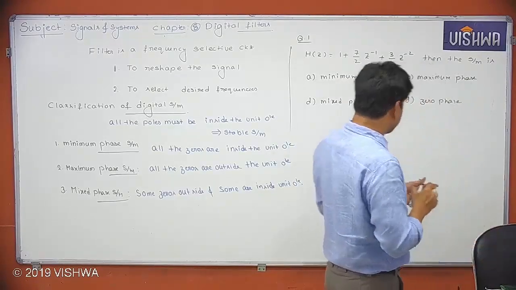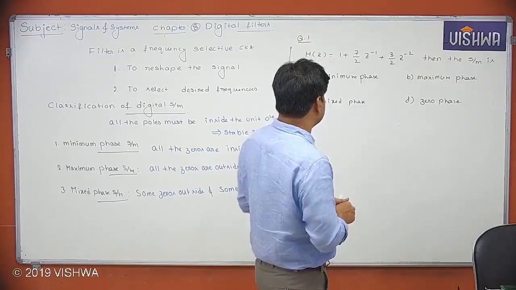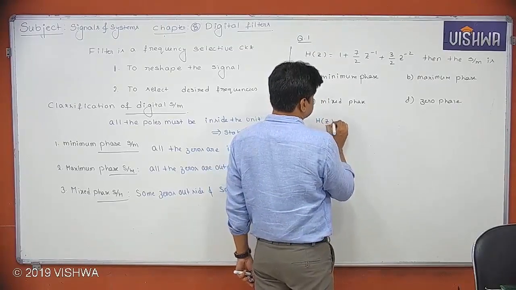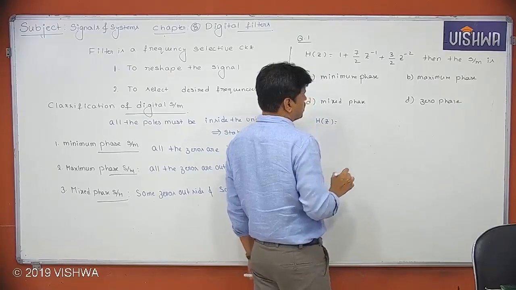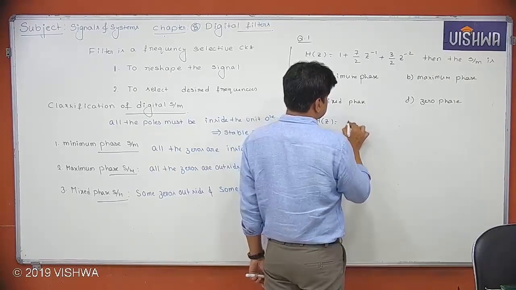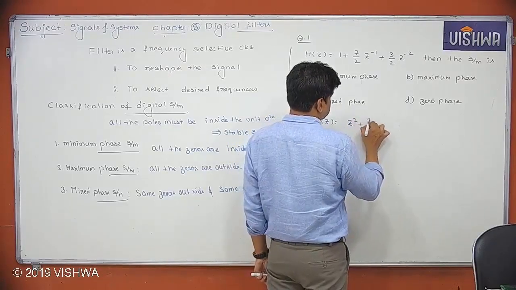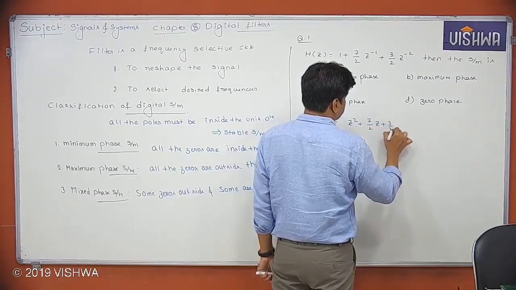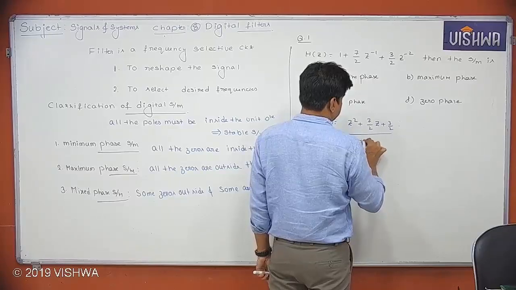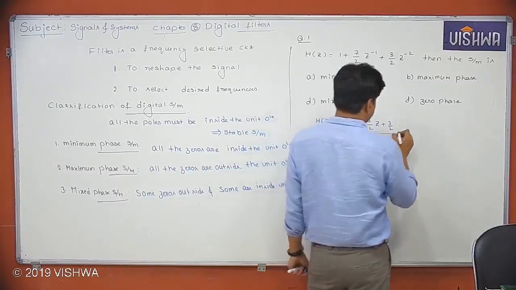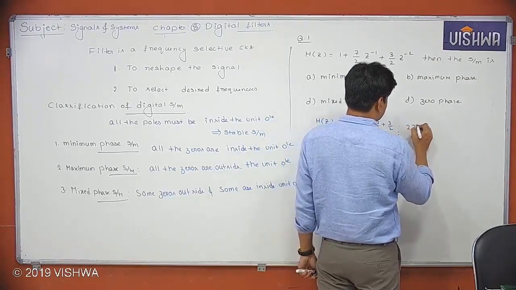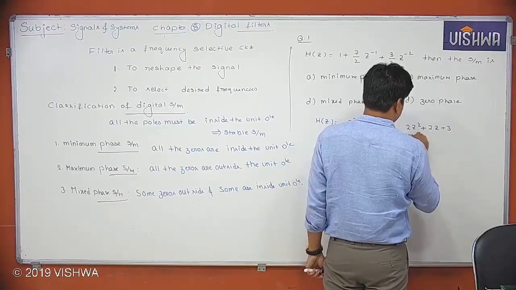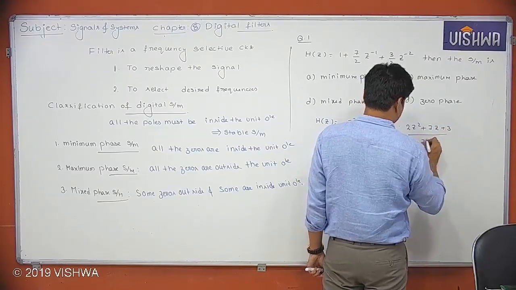For that we have to see what the zeros are. So what is H of z they have given? H of z is equal to, if I take z power minus 2 common out, then this is z square plus 7 by 2 z plus 3 by 2, all over z square. Even if I simplify it, it is 2z square plus 7z plus 3 over 2z square.